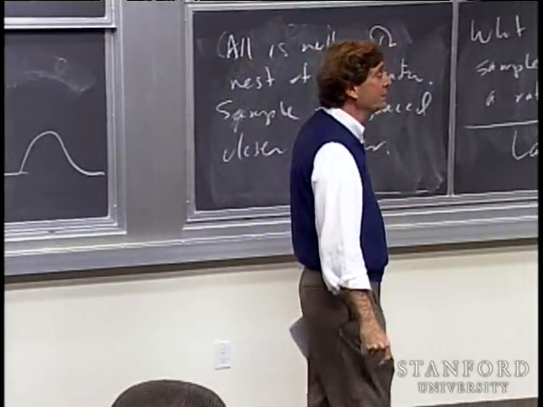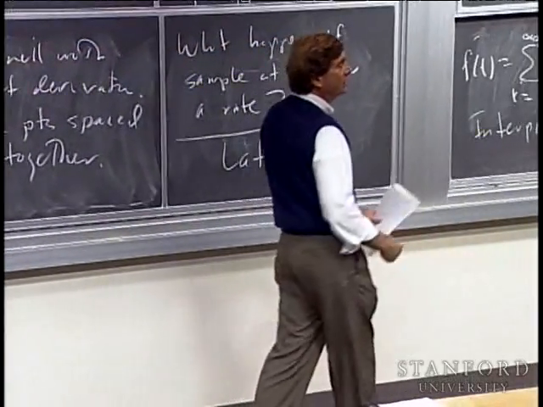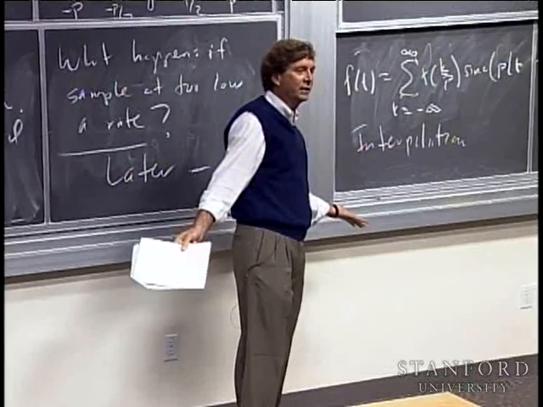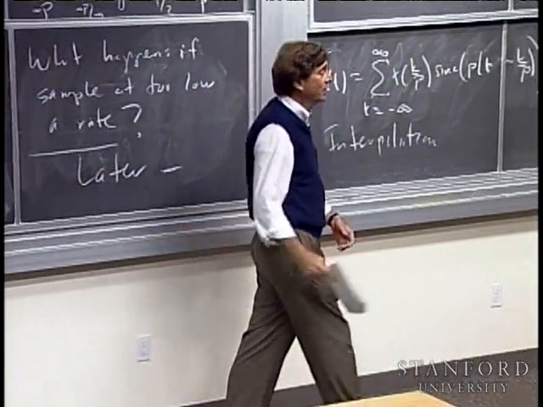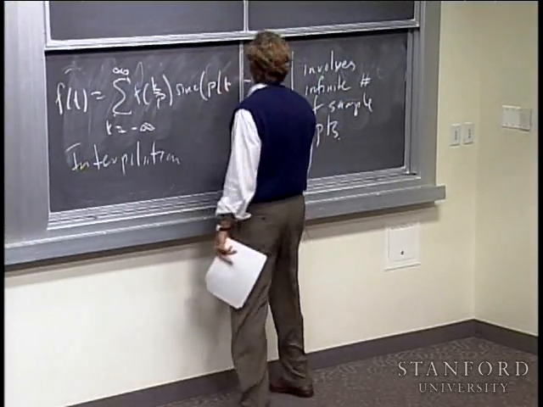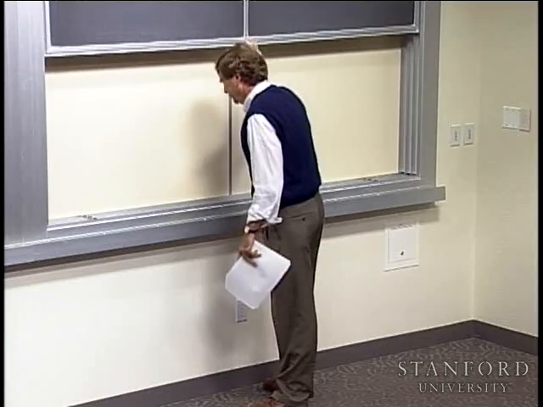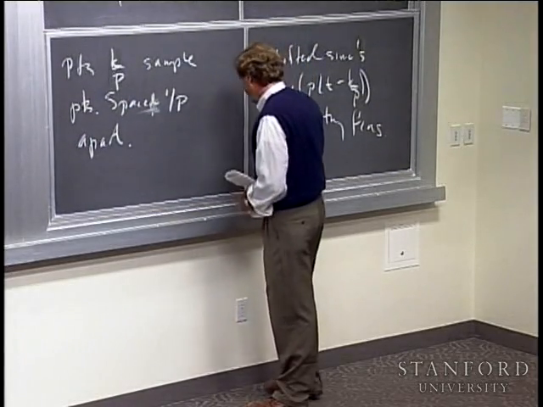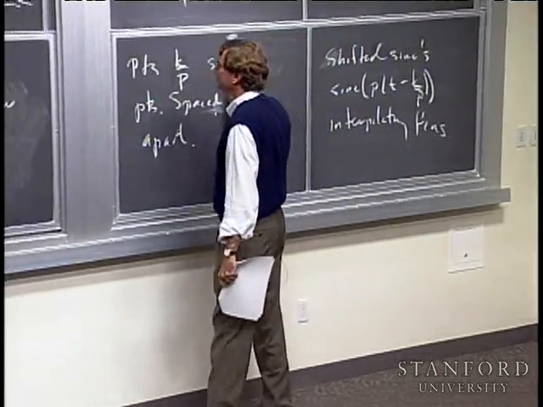Certainly for any practical application, you can only use a finite sum, and that will introduce an error. That's another subject that we're not going to get into, but it's something to be aware of. So you need a finite approximation.